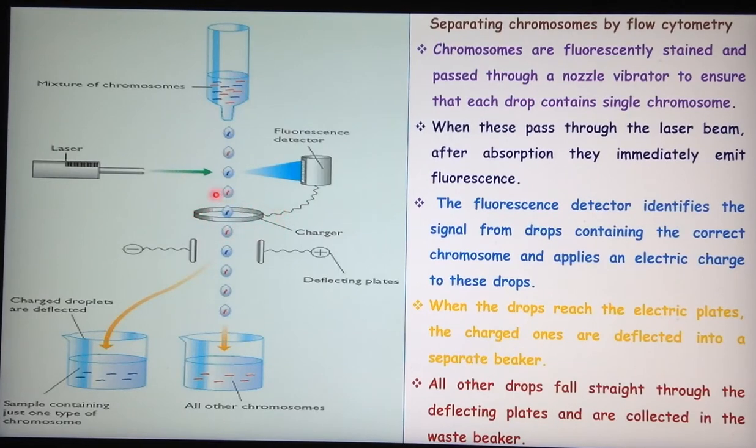Because of this electric charge, when they reach the electric plates, they are deflected into a separate beaker. This way we can have the separation of individual chromosomes, which can be processed for radiation hybrid mapping.